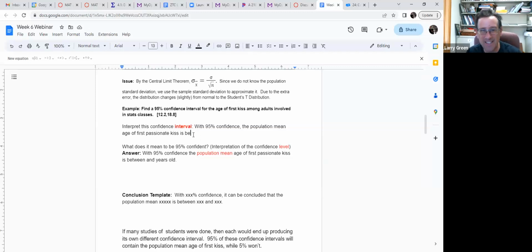Okay, the first passionate kiss is between 12.2 years old and 18.8. I'm going to make this a little bigger so you can see it because it's that important.